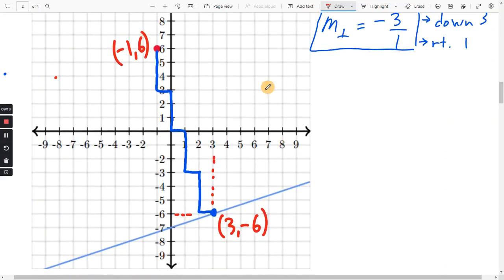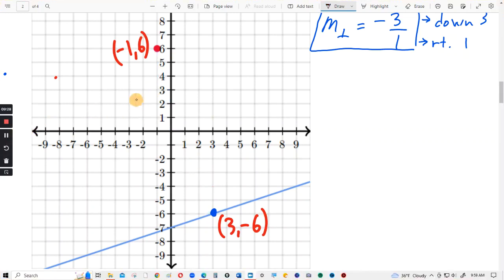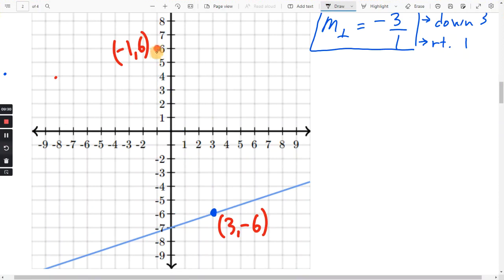So you can use the Pythagorean theorem and make a right triangle, or you can use the distance formula. Alright, so if you want, you can use the distance formula, but I'm just going to make a right triangle. Okay, so I'm just going to draw in a right triangle here.